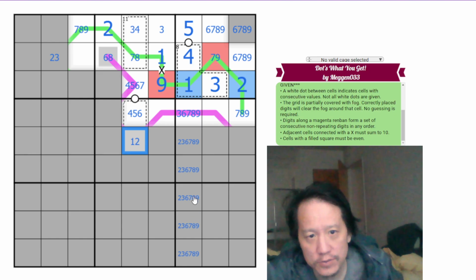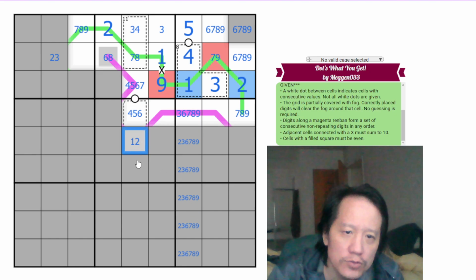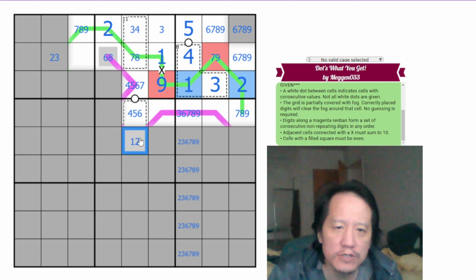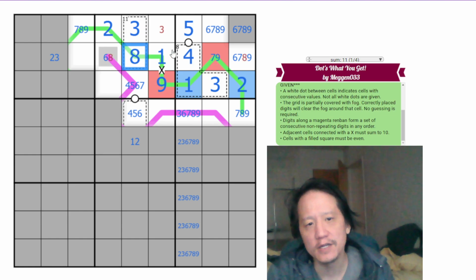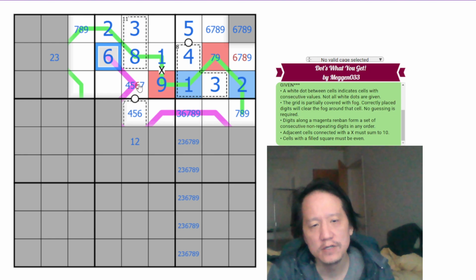This is 1 or 2. Oh, there's a 1 or 2 on it. But we don't know how large this is. I mean, this could be a continuation of this line. So this can't be 4. Okay, so we know this is 3 and 8. This can't be 8, so this has to be 6.